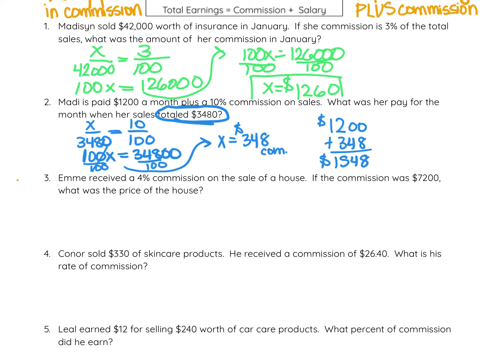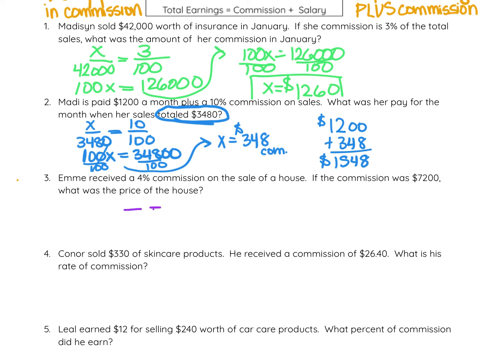The last example that I'm going to go through with you is where you're given the commission percentage and the commission dollars, and you need to find the total sales. So Emmy received 4% commission on the sale of a house. If the commission was $7,200, what was the price of the house?